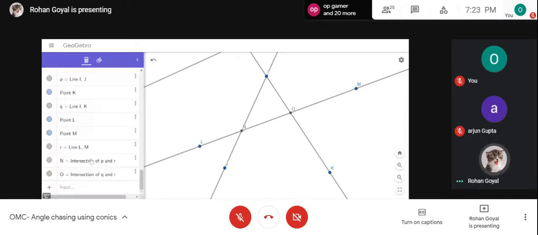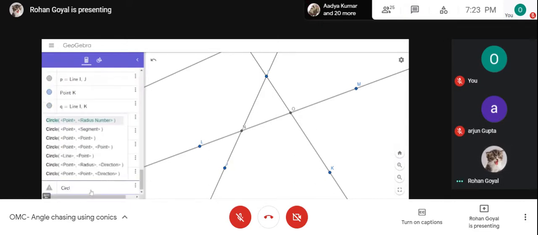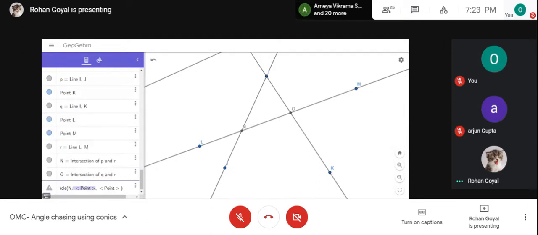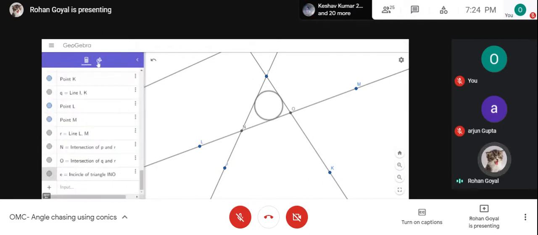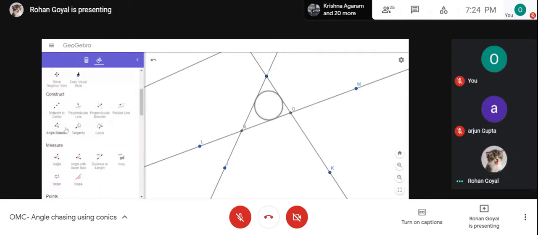Right now, I take an incircle, and I take an excircle. How do I take an excircle? Yeah, let me draw it.